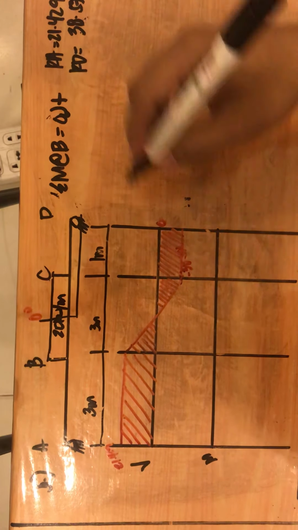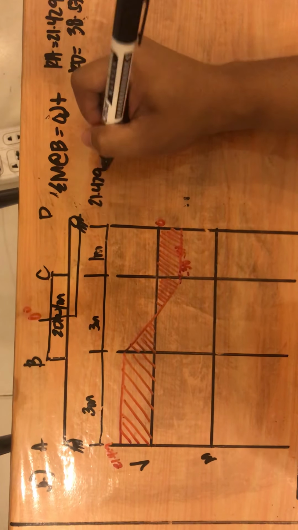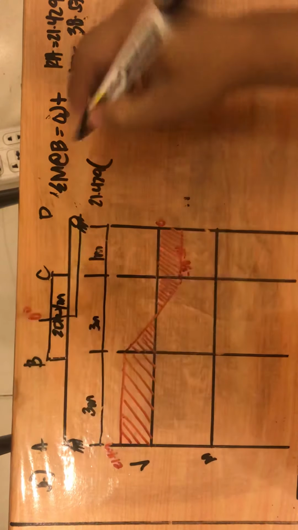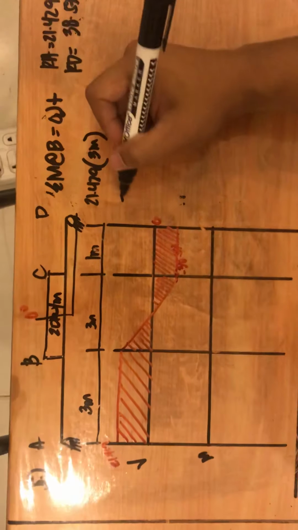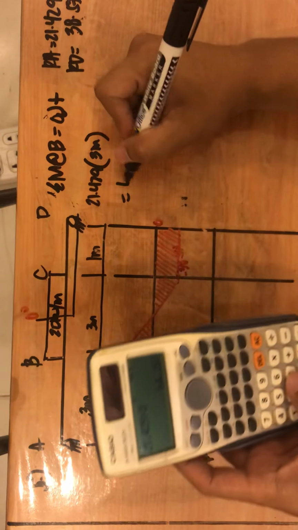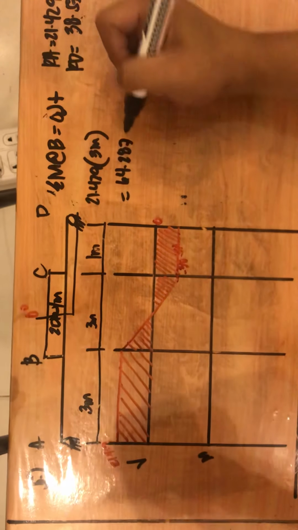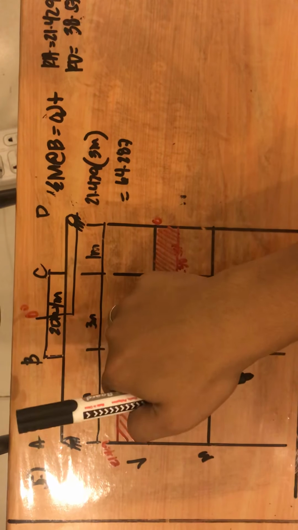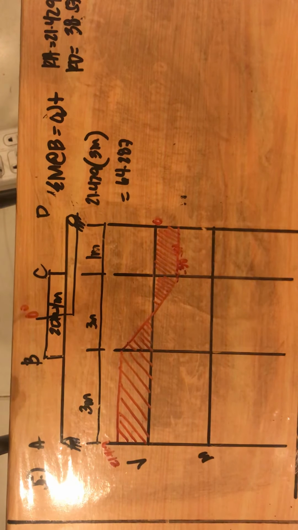So, moment at B. Meron tayong upward force, 21.429 times natin sa 3 meters. Papuntahin lang natin siya at point B. So, 21.429 times 3, 64.287. So, from 0 degree, plus 1 tayo, so magiging first degree. It means meron tayong triangle.